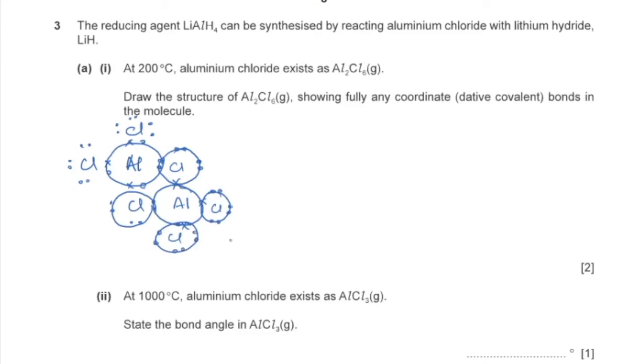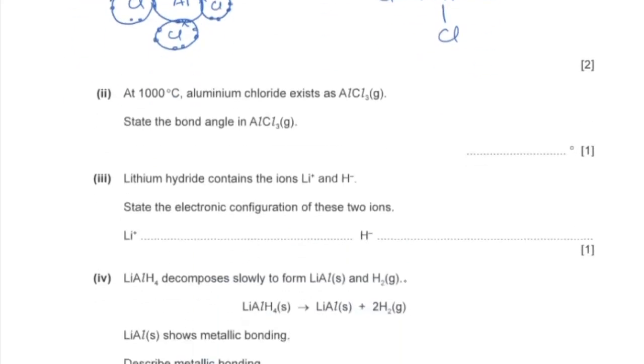So these were showing the outermost electrons. Now we will show them as bonds. So this aluminium atom forms covalent bonding with these two and this one too, while this one will have a dative bond with the other aluminium atom. This aluminium atom is attached to a chlorine atom over here, and this forms a dative bond with this aluminium atom. The rest of the chlorines on this aluminium will only be forming covalent bonds.